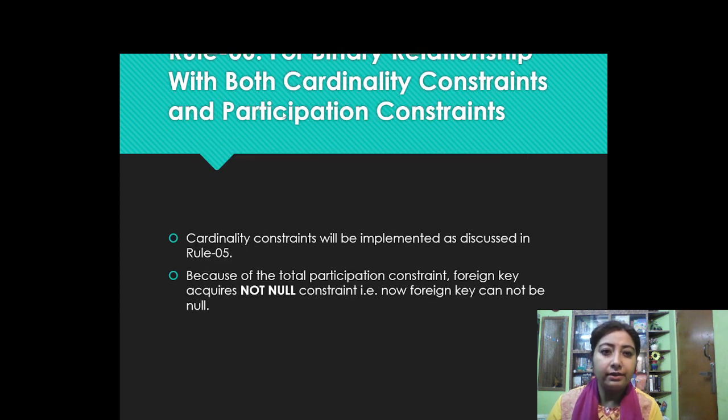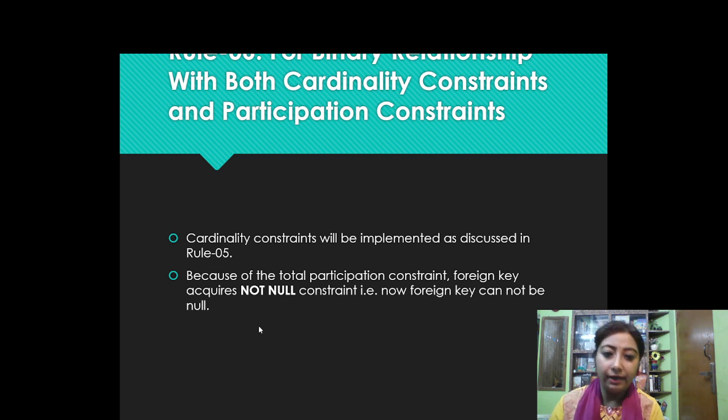Next, rule number 6: for binary relationship with both cardinality constraints and participation constraints. The cardinality constraint will be implemented as discussed in rule number 5. Now, because of the total participation constraint, the foreign key acquires a not null constraint. That is, the foreign key cannot be null.